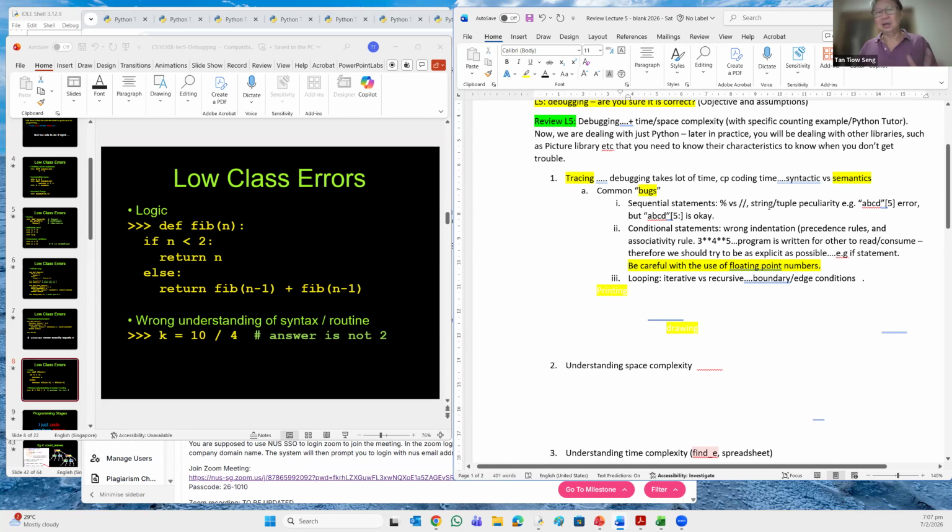The next thing: before you deal with other data structures like list, dictionary, set, and so on, you have already probably encountered tuple and string.